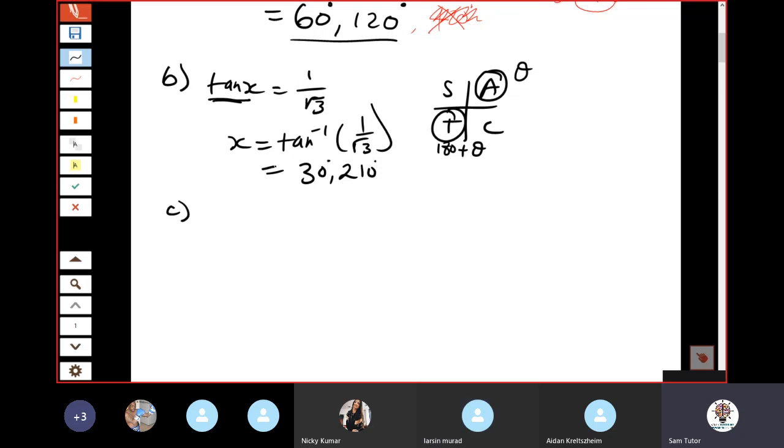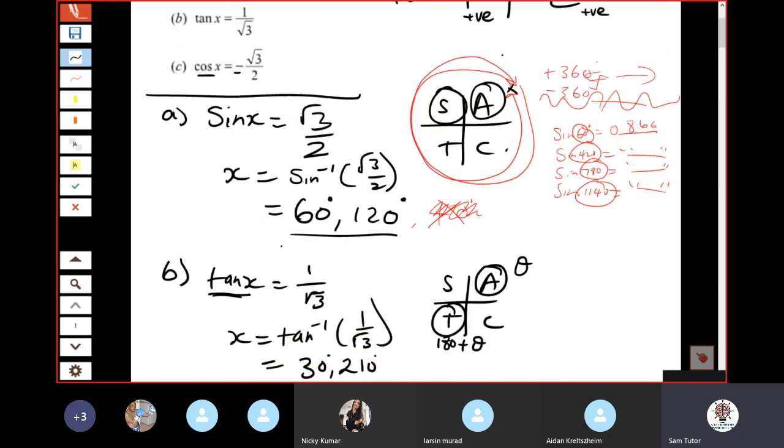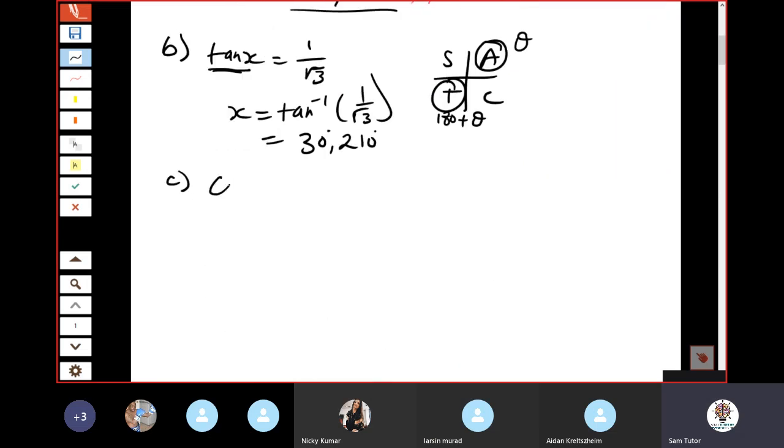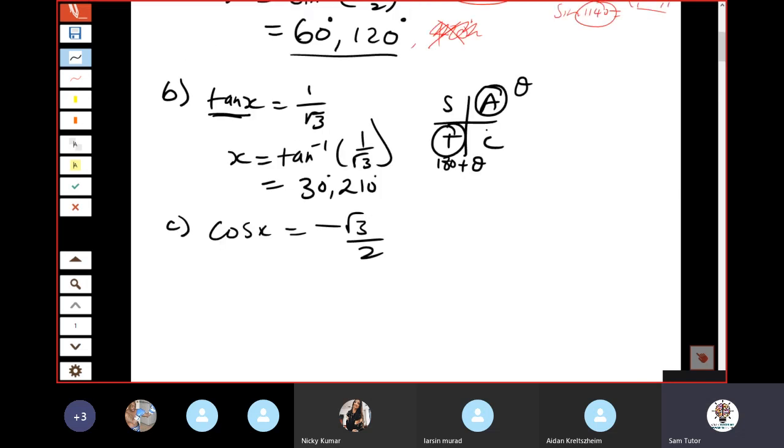Let's do the next one. Cos x equals negative. Your teachers will tell you that for negatives, these regions will change.